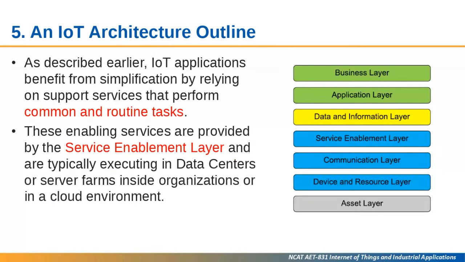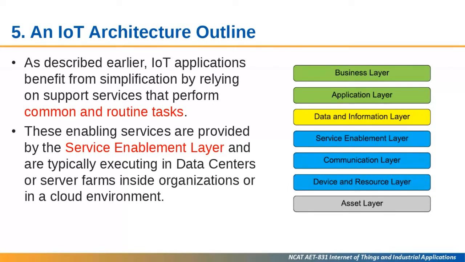Okay, with the help of the communication layer, the data from the devices, from the sensors, from the actuators can be transferred to the upper level. So we will come to the service layer. Basically, IoT applications benefit from simplification by relying on support services that perform common and routine tasks. You need to put them into some special organizations.